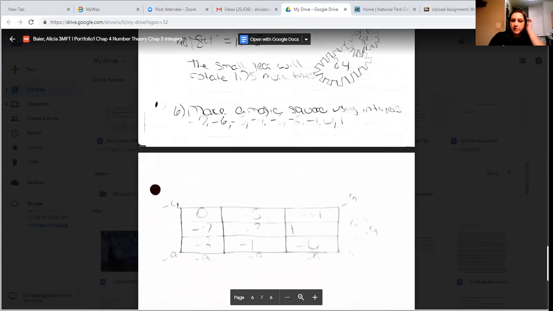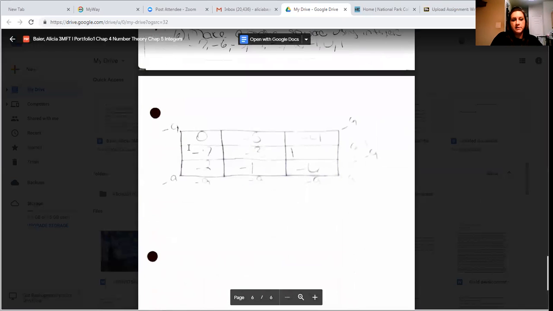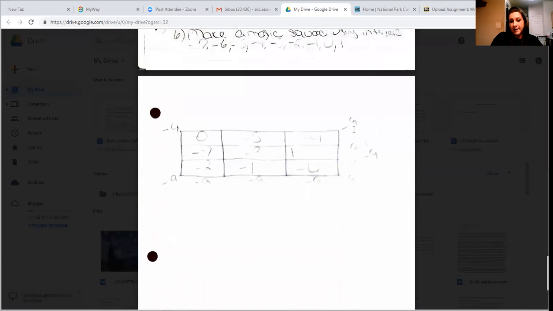And the last question, make a magic square using the integers -6, -5, -4, -3, -2, -1, 0, and 1. The magic box, and all of mine equaled -9: 0, -5, -4, -7, -3, +1, -2, -1, -6.